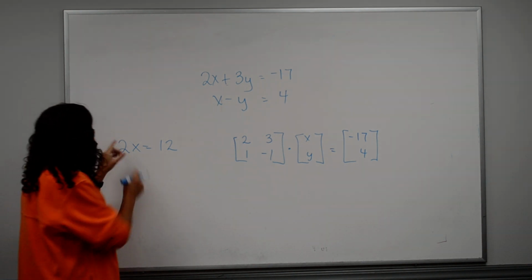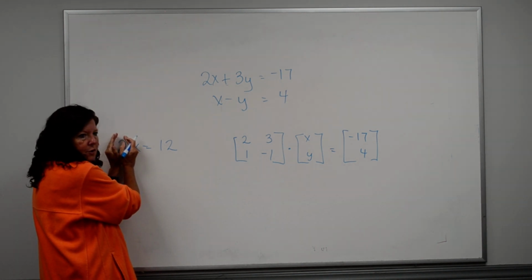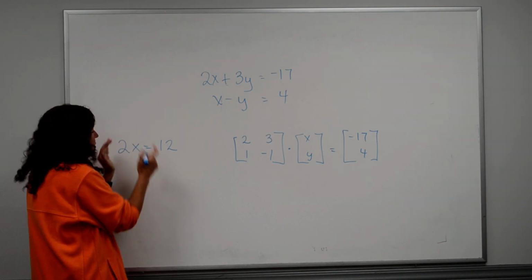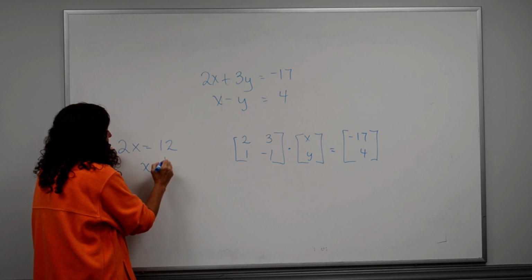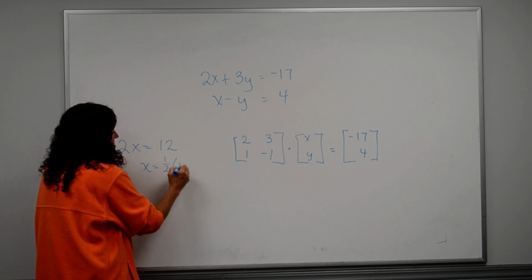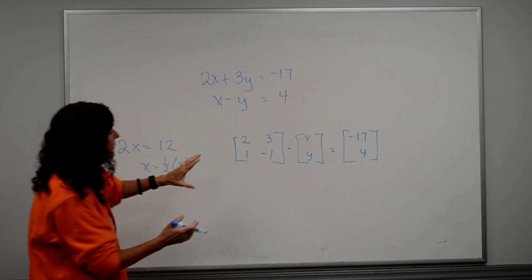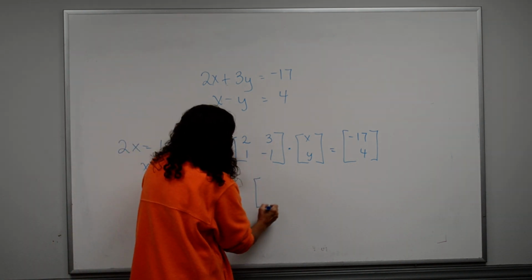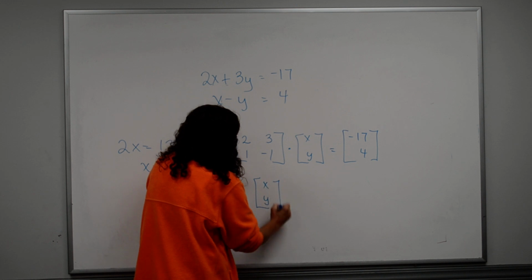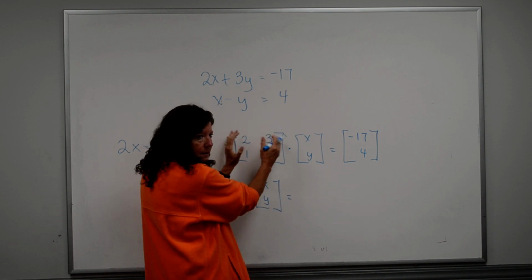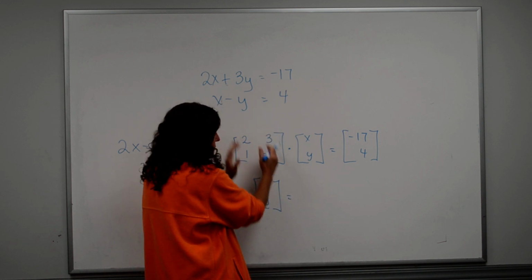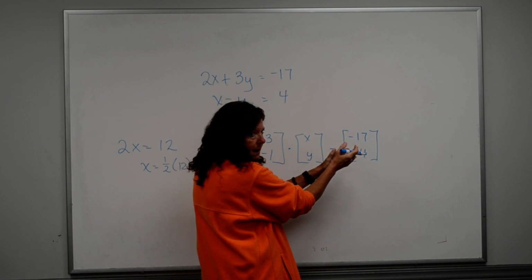Now, just like if I had 2x equals 12, how would I solve for the x? I would divide, or I would take the inverse of the 2. So I would basically say 1/2 times 12, which is the same thing as dividing. This right here is the inverse. So I can solve for the x and the y if I take the inverse of this matrix and multiply it by that.